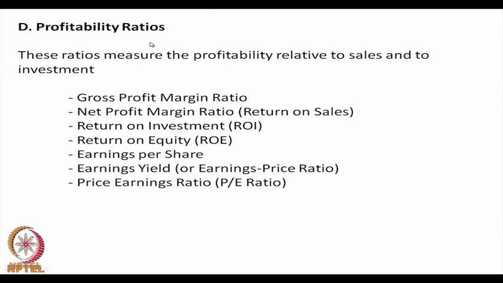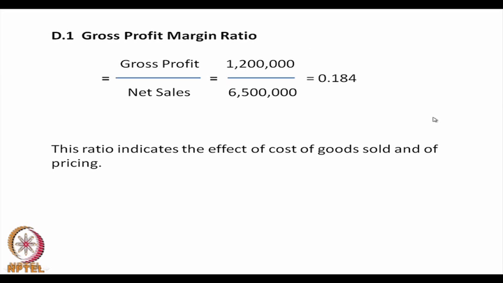Then we come to the next set of ratios, which is the profitability ratios. There are different types of profitability ratios. They measure the profitability relative to sales and to investment. So, there are 7 types of profitability ratios being defined.